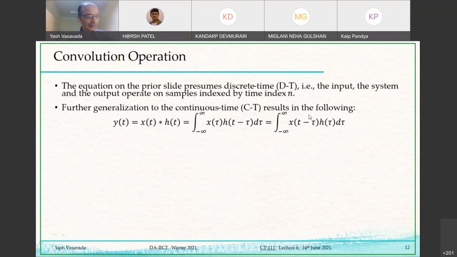So you see that summation turned into integration. And this dummy variable k got turned into tau. So these are the two main changes. But the system viewpoint still applies.